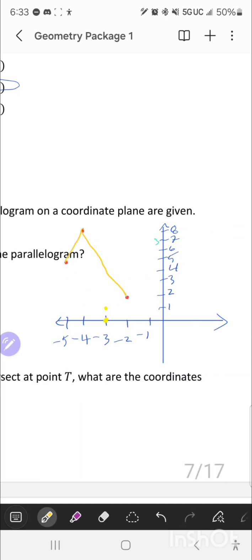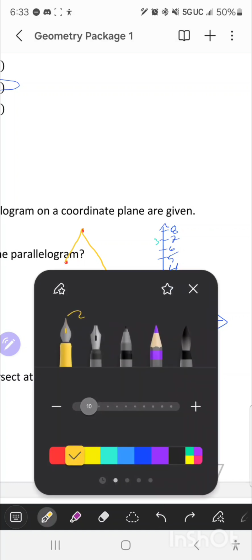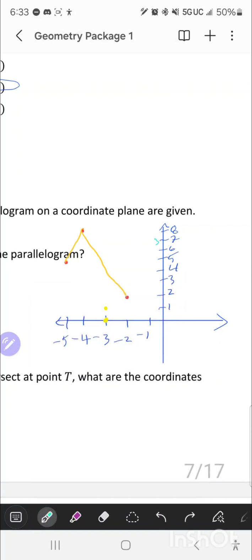Now I have the three, and I have this. If you are doubting between them, let's just do what we have been doing. So we have this, and we have 1, 2, 3, and 1. So 3 and 1.